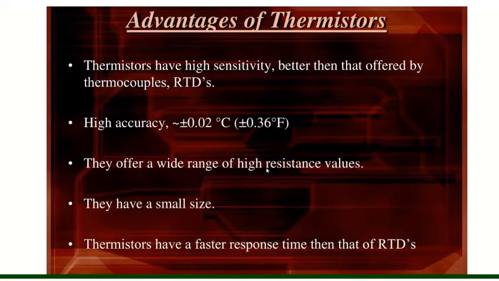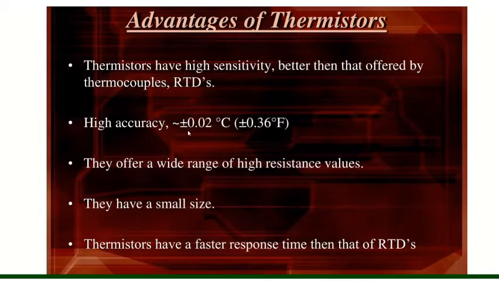So the advantages of thermistors are that they are very sensitive compared to other temperature sensors, that is thermocouples or RTDs. Thermistors are highly sensitive compared to others, and the accuracy of their resistance variation is quite good.